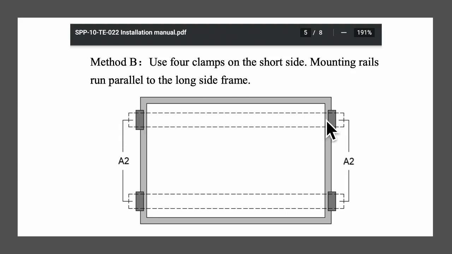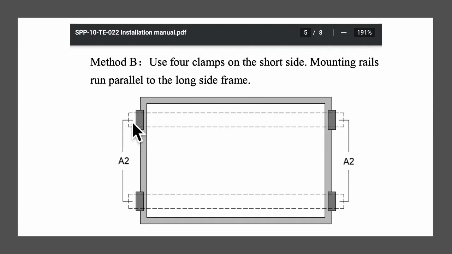And if we turned the module at 90 degrees, we would just need the rail to be as long as the short edge. So it would take less rail. That's one cool thing. And another thing is they say it's a little bit more stable. If you went to structural engineering school, you might understand this one, but it's a little bit more stable when you mount it to the long edges.